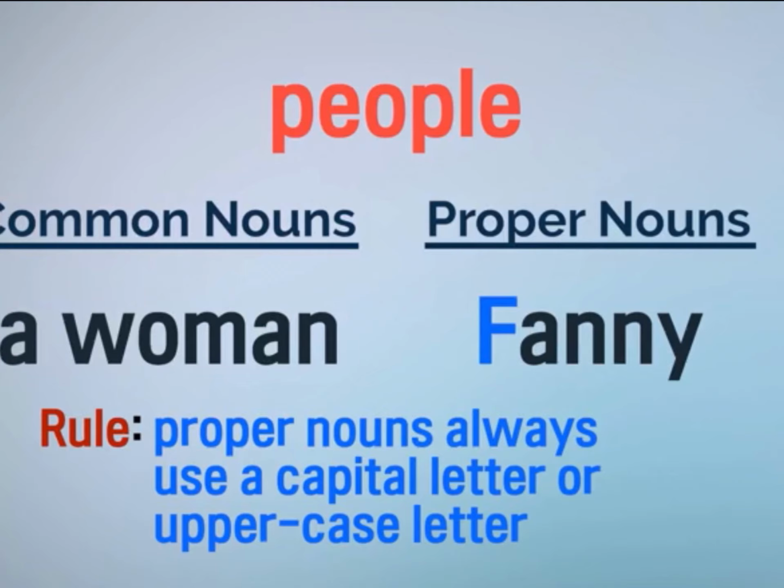But if we want to talk about a specific woman, then we are using a proper noun, like Fanny, or Nisreen, or Jenna. And remember, the rule for proper nouns is to always use a capital letter, or uppercase letter.